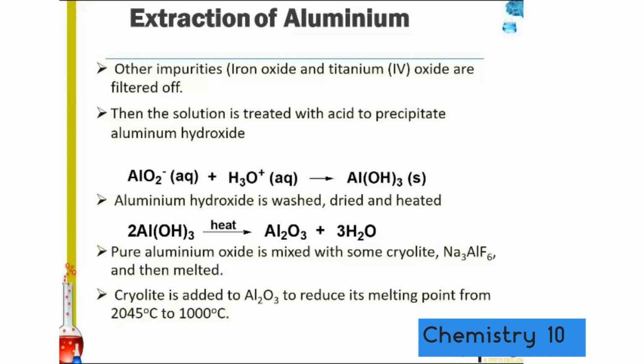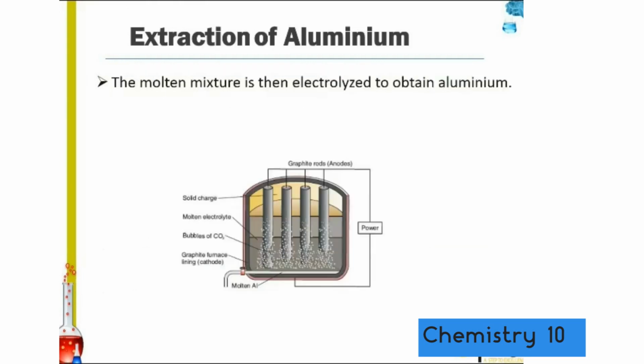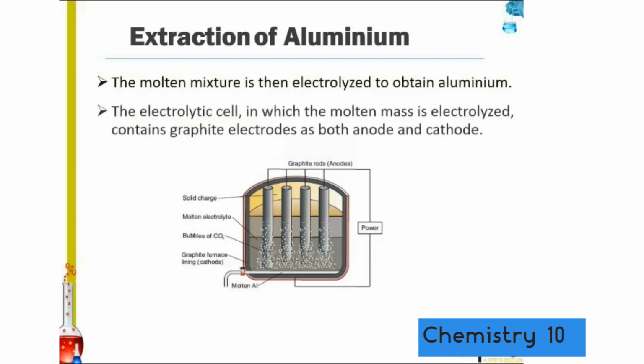Cryolite is added to our aluminum oxide to reduce its melting point from 2,045 degrees Celsius to 1,000 degrees Celsius. This part of the process should be very familiar from Unit 3. At this point, the molten mixture is introduced to an electrolytic cell to be electrolyzed to obtain pure aluminum.